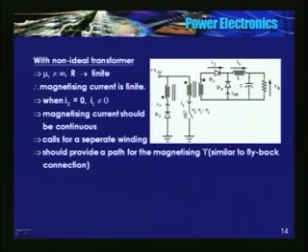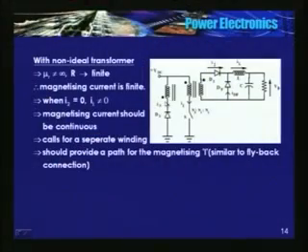Now, how do I explain? When I open the switch, I said flux tries to decrease, d phi by dt is going to be negative. So all dotted terminals are going to be negative. If this is negative, this is positive. The anode is connected to ground.